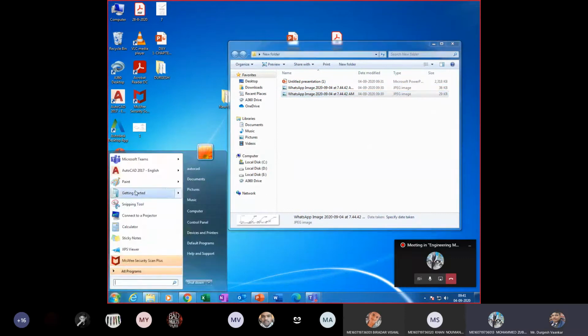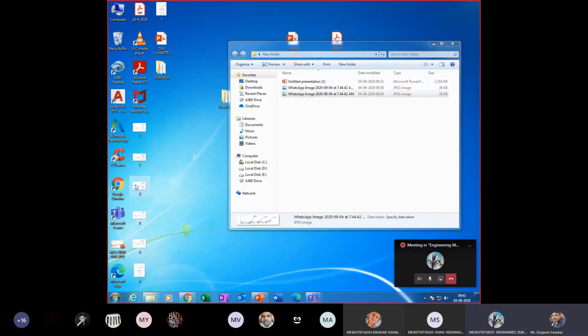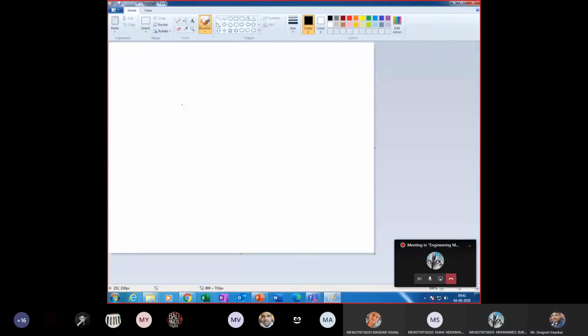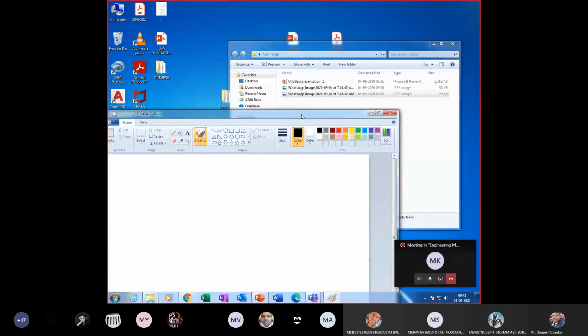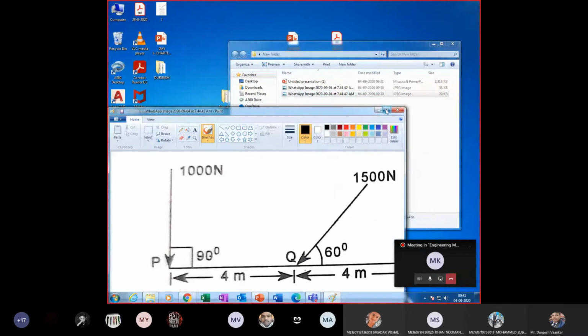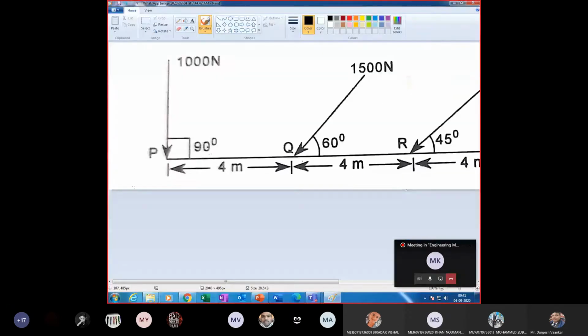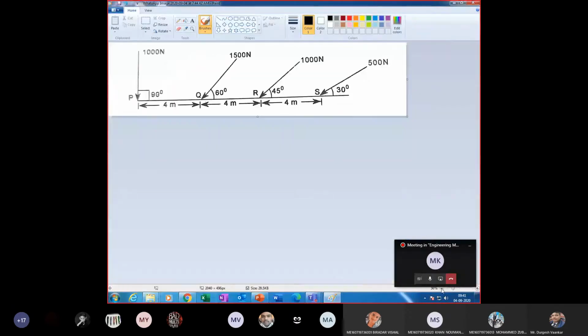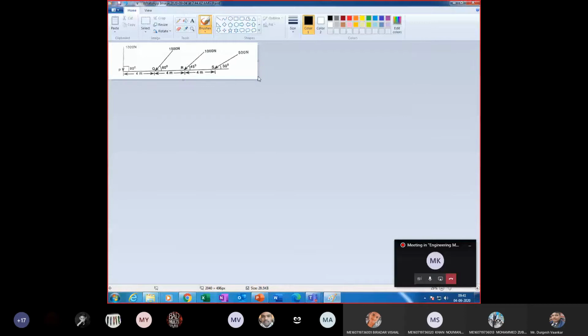Mute your microphones, try to understand this concept now. This is your problem. Now it is clear. Now I am redrawing this diagram.